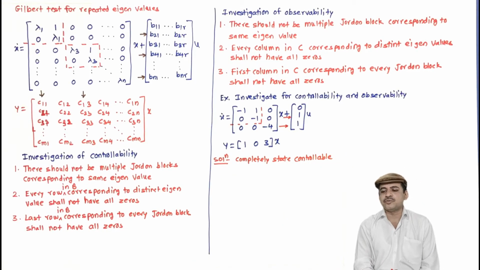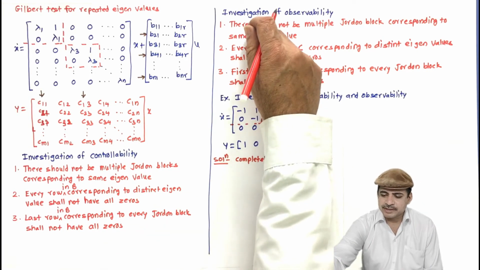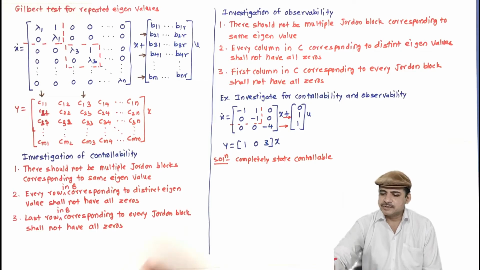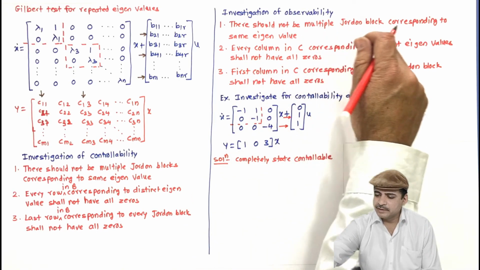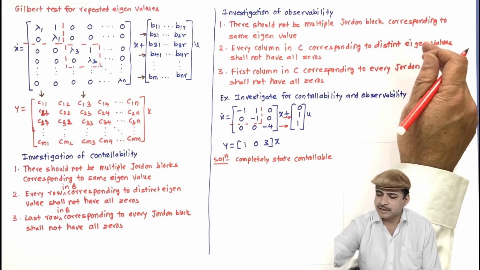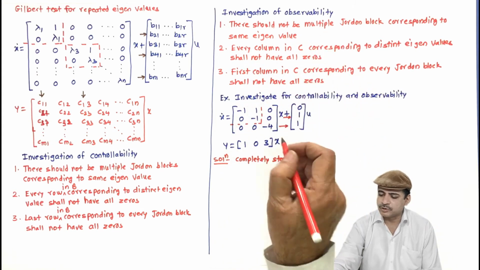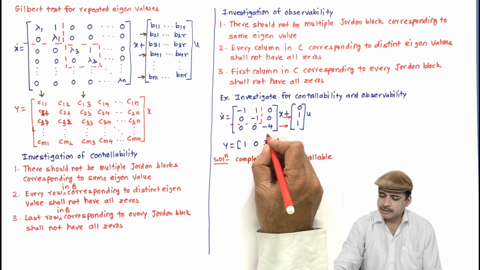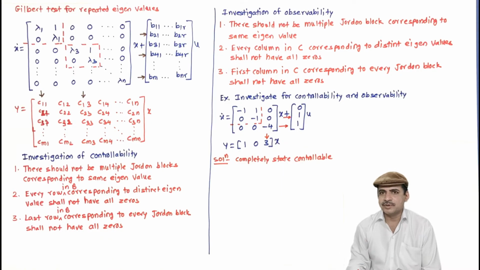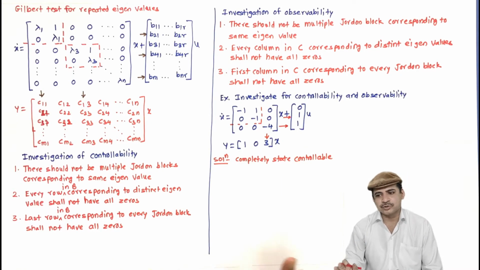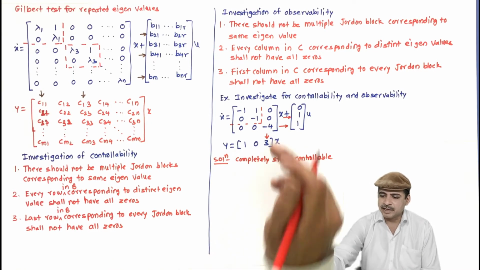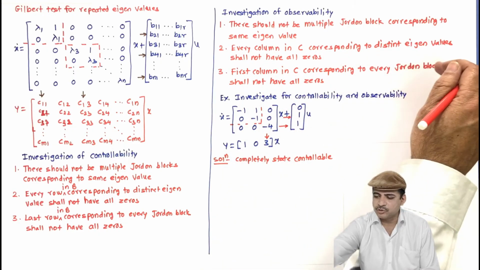And now let us check for the observability. So this condition is already satisfied. Second one, every column in C corresponding to a distinct eigenvalue shall not have all zeros. So this is the distinct eigenvalue and the corresponding column is the third column which has non-zero elements. So this condition is also satisfied. And now the first column in C corresponding to the Jordan block.